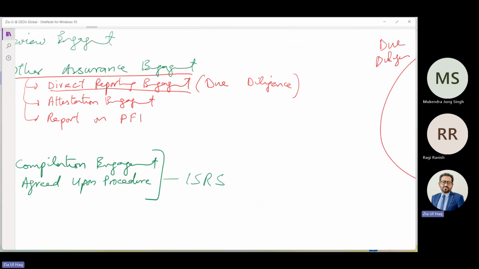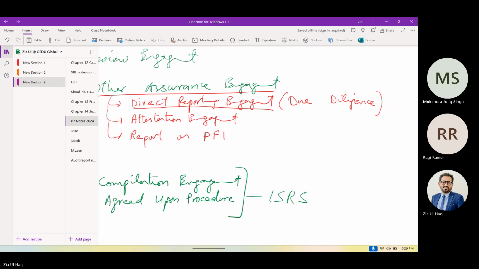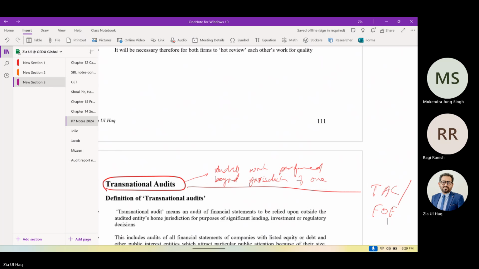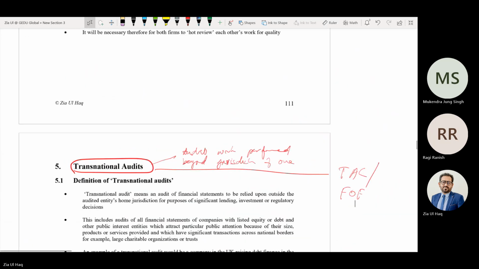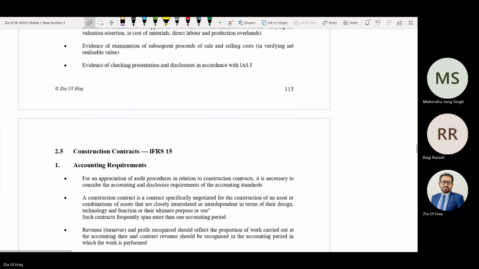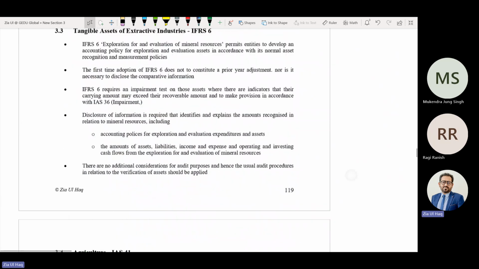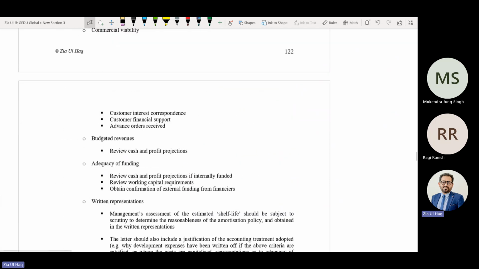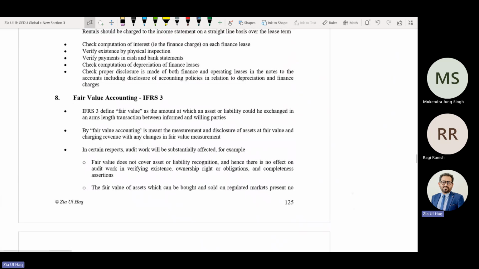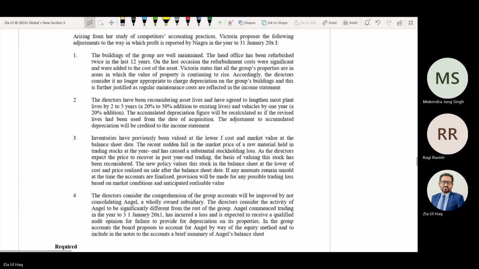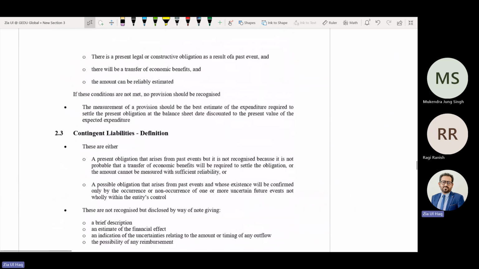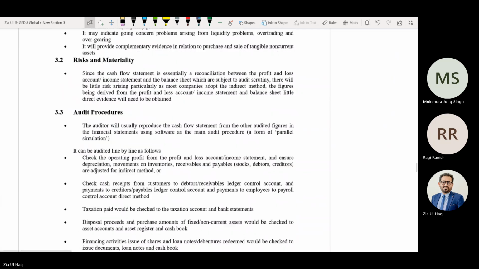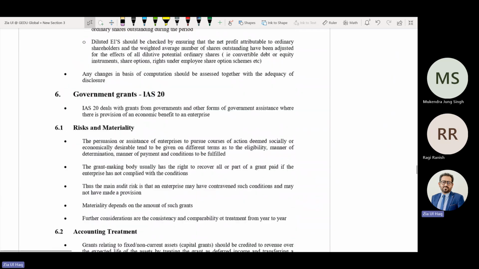Let's move towards our question. In our notes, we have some notes for our AAA as well. Though we haven't checked those notes, the topics we are covering are there.